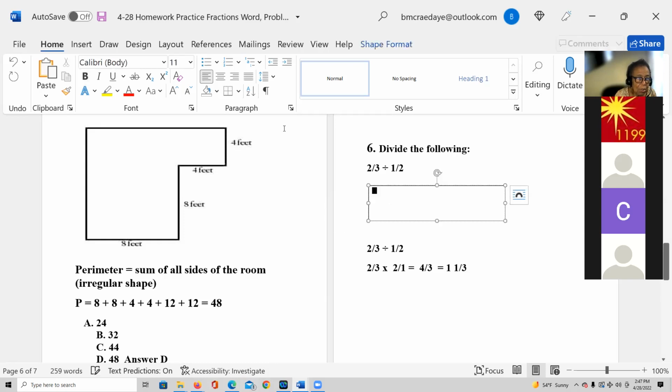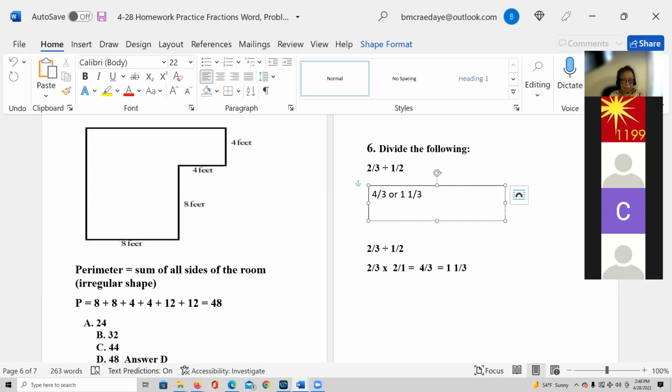So either answer you put here would be correct. You could put 4/3, or you could put the mixed number 1 and 1/3. Any questions on division of fractions? No, thank you. All right.